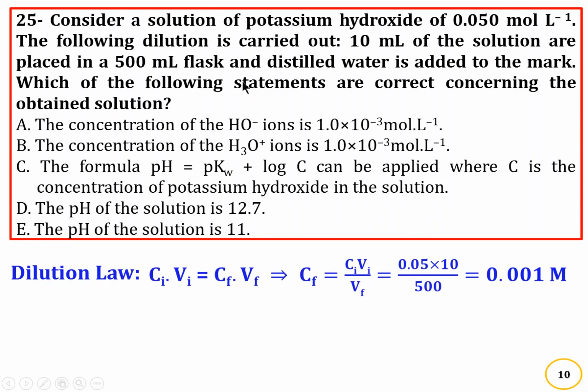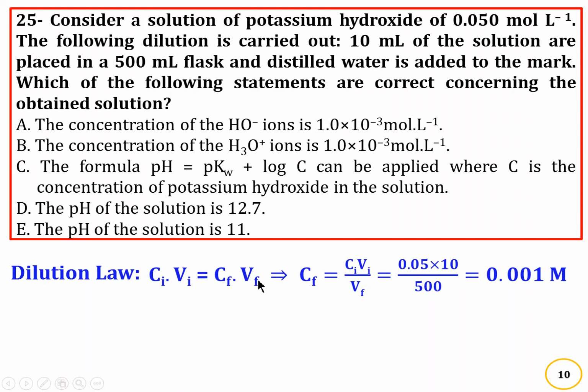So in this exercise, we have a dilution of the initial solution. The dilution law: C initial times V initial is equal to C final times V final.